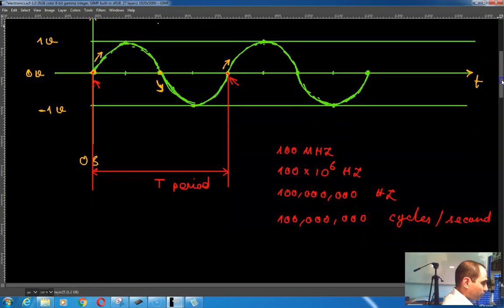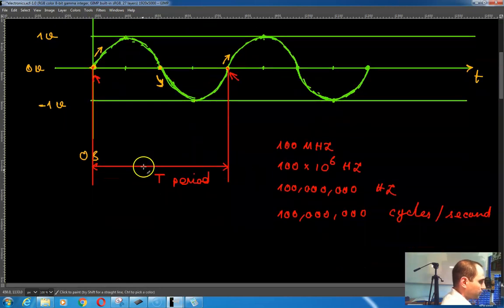Whatever your period is, if you take the reciprocal of it, you will come up with your frequency, which is how many cycles you have per 1 second. And of course you can calculate that directly as well. You don't really have to memorize this. I'll show you a way using simple proportions to derive this on your own as well.